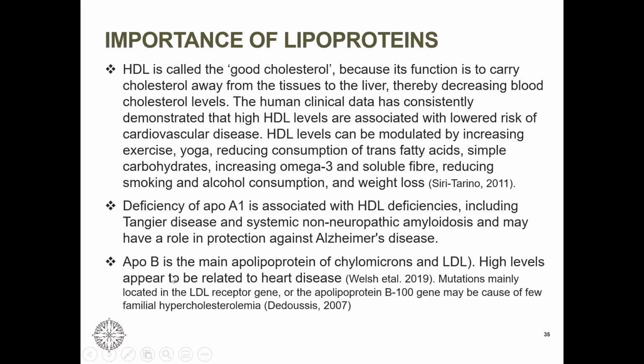And then ApoB is the other one. There is data that if there are high levels of apolipoprotein B, then it is related to heart disease. So sometimes you have a client coming to you whose diet seems okay, that person may be working out a lot, but still you notice that their LDL is quite high.